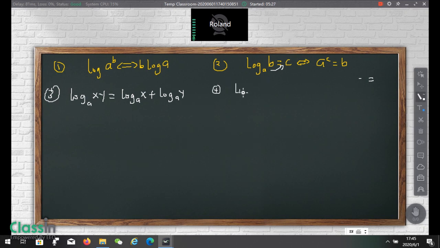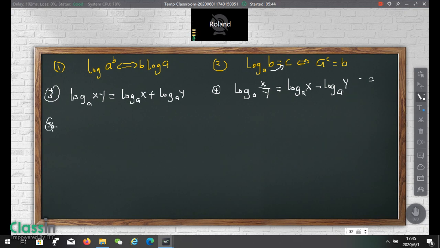If you have log to any base a of x divided by y, it's simply log to the base a of x minus log to the base a of y.